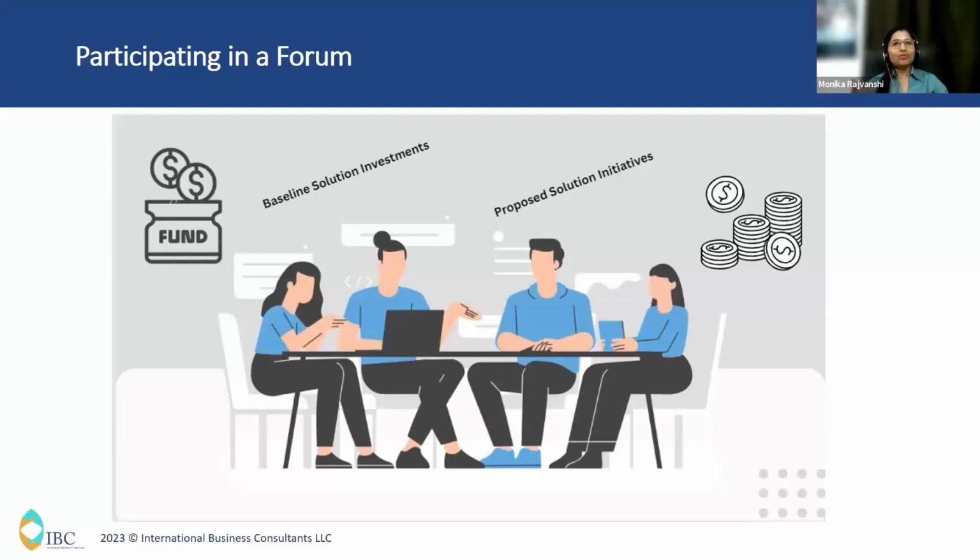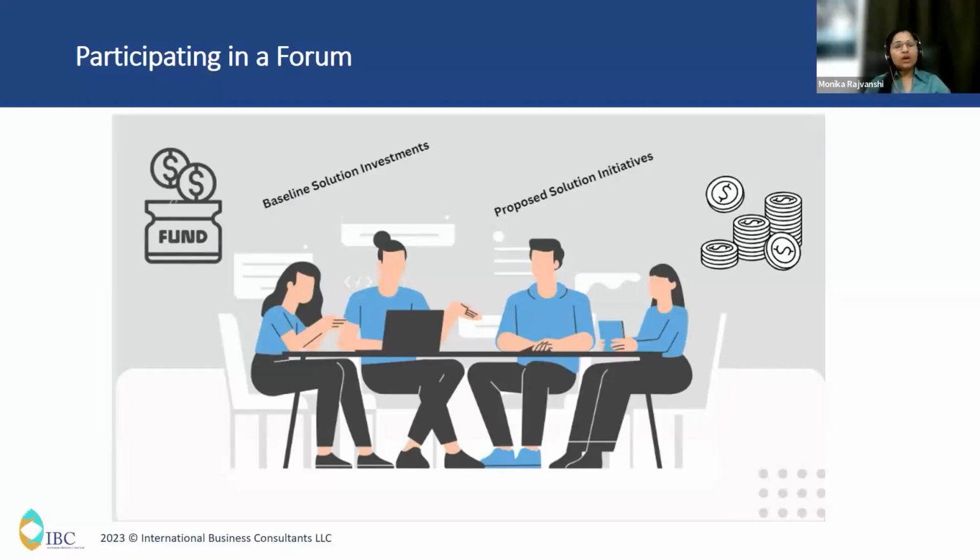So they prepare a pitch before coming to this meeting and present their idea: what they have done, what they have achieved, and what they are expecting this solution to help the organization achieve, like 2% growth, or 3% growth, or whatever number.